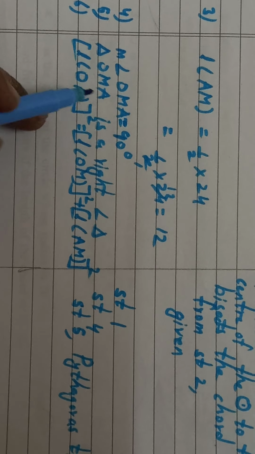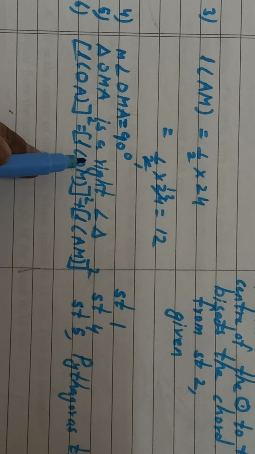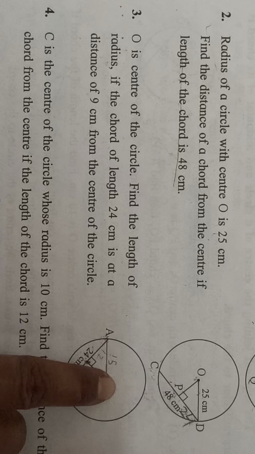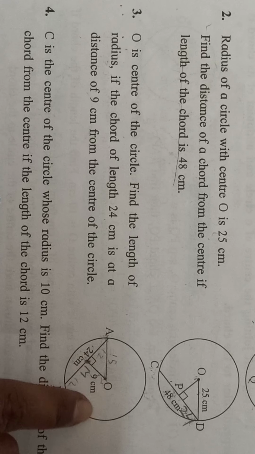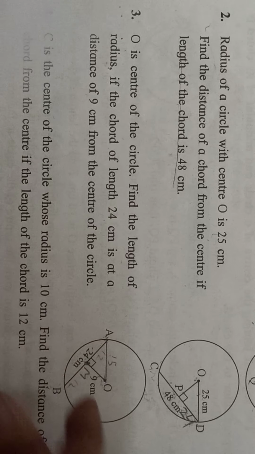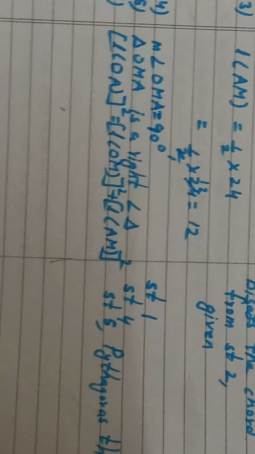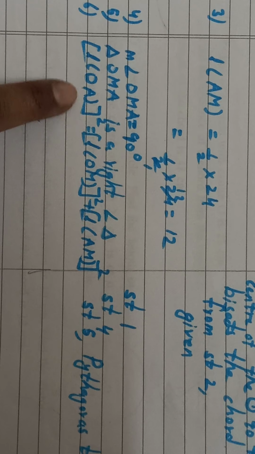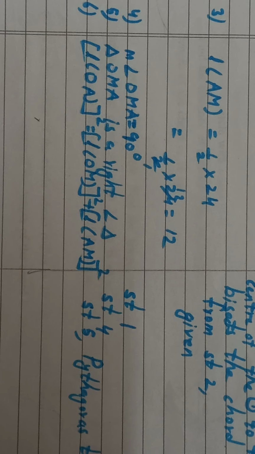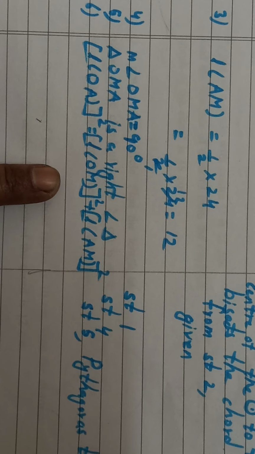So here we have written, see, this is 90 degrees, this is a right angle triangle. Length of OA square, the hypotenuse, is equal to length of OM square plus AM square. Now I wrote directly instead of writing hypotenuse square is equal to. I hope you have understood. By Pythagoras theorem we have written.